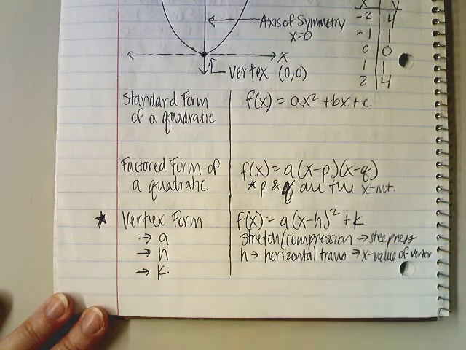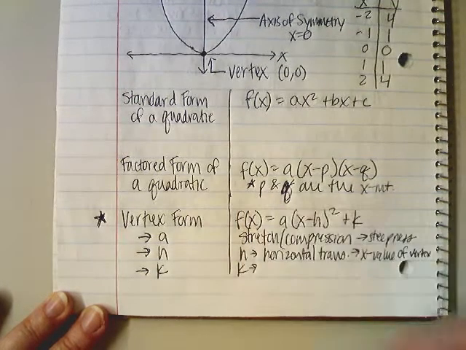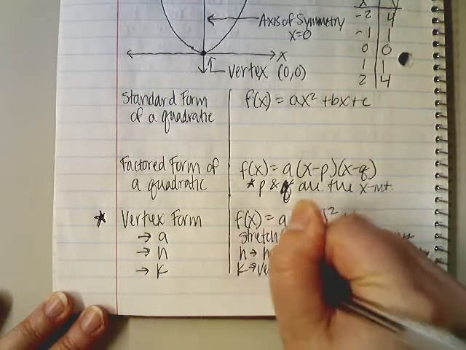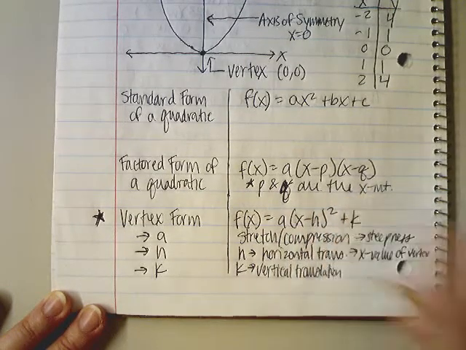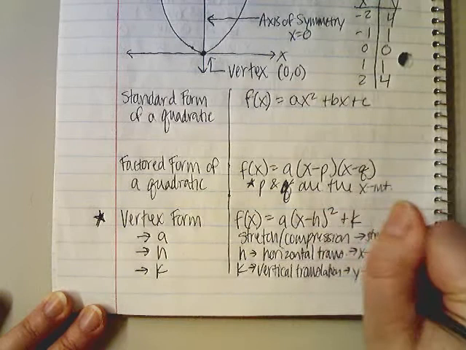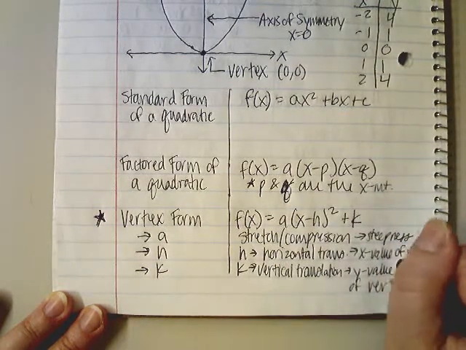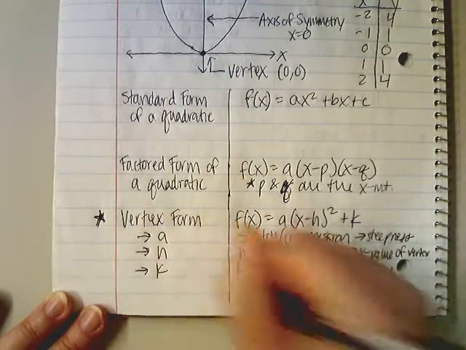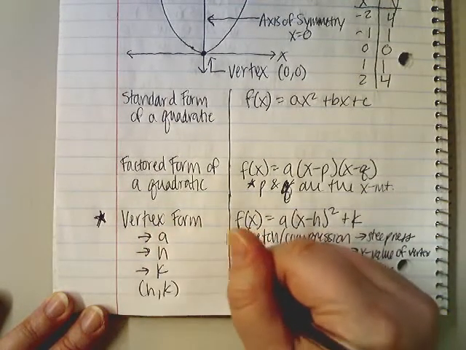Sorry, that's written really small, but H is our horizontal translation, which is also the x value of the vertex. K, along those same lines, will be our vertical translation, which means it'll be the y value of the vertex. So you can say H comma K will be our vertex.